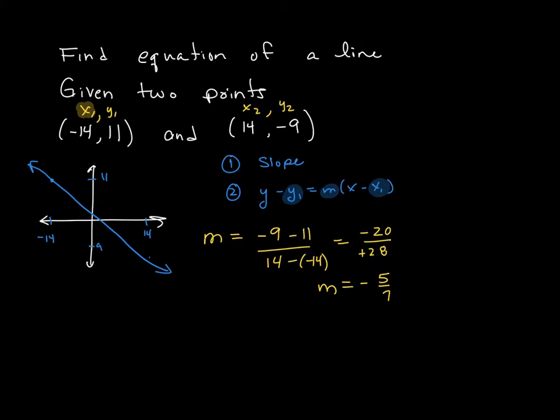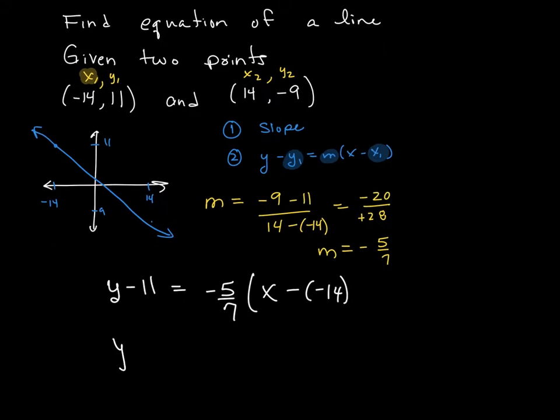Now my second step is to go ahead and use my point slope formula and plug everything in. I'm still going to use my x1 and y1 from before. So I plug all of that in, and that leaves me with y minus 11 is equal to negative 5 over 7 times x minus a negative 14.